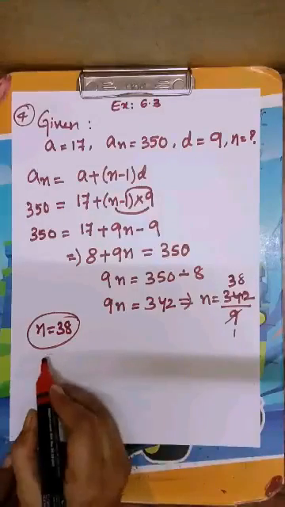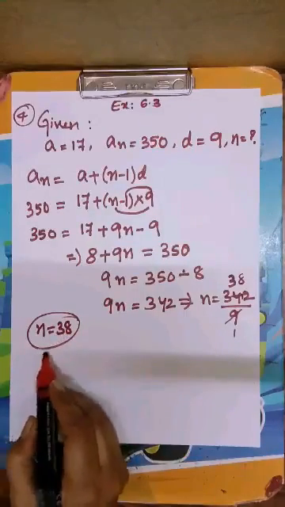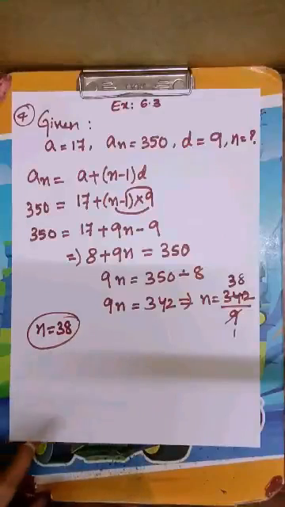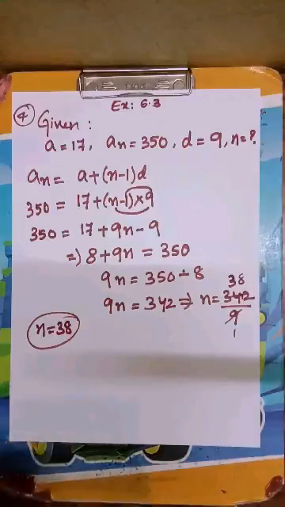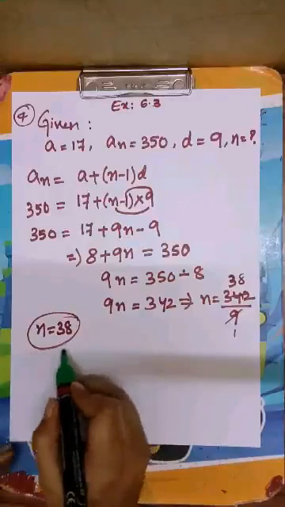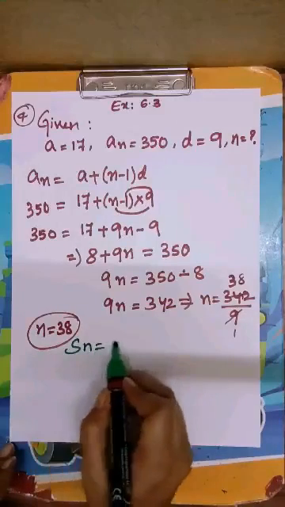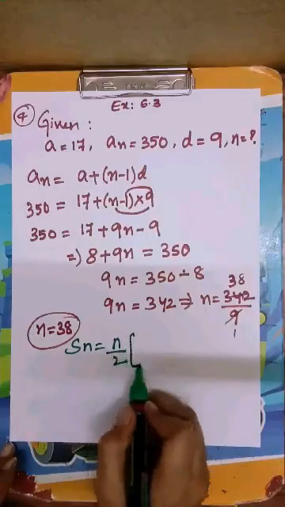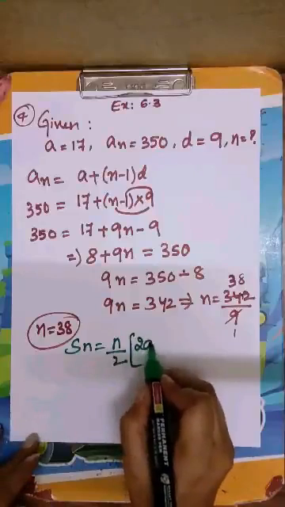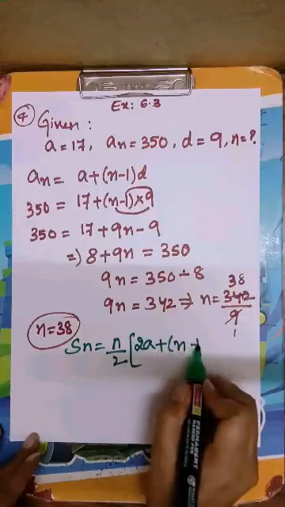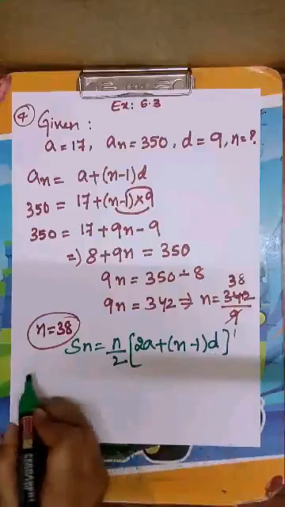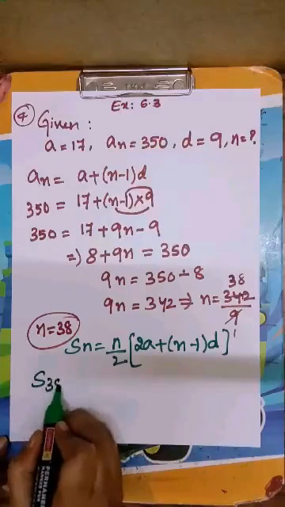Now we have to find Sn. Formula to find Sn, the sum to n terms, is n by 2 into 2a plus n minus 1 into d. N is how much? 38.